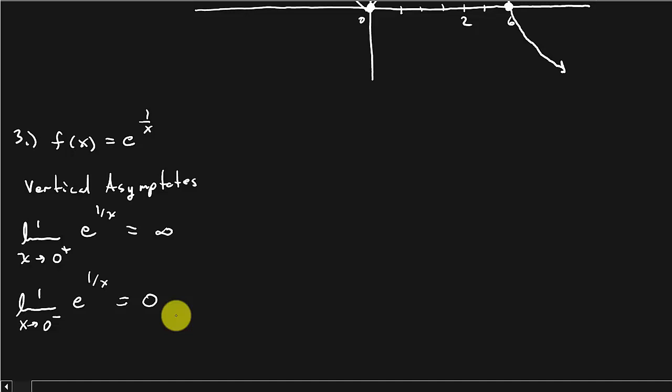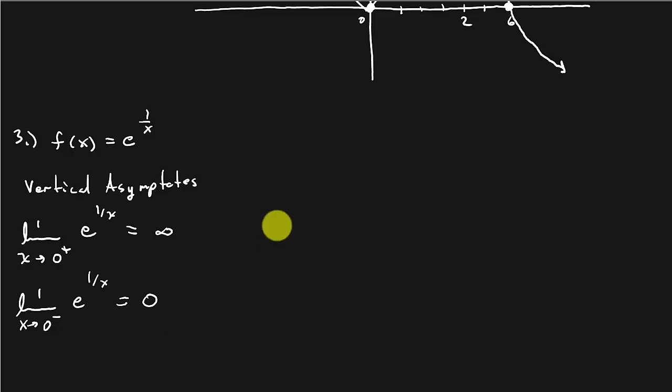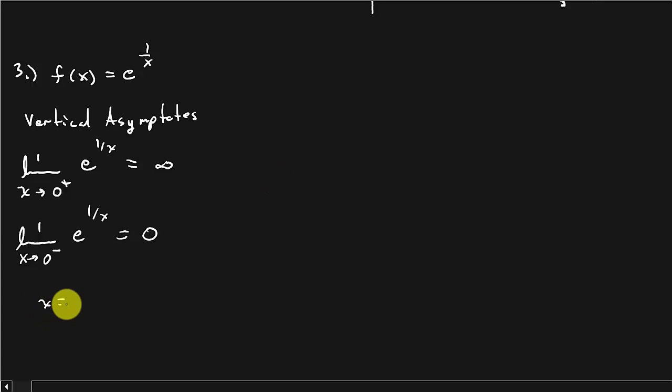So we know we have a vertical asymptote at x equals 0. It's not because of this, it's because of the limit up here that equals infinity. We just want to see what this function does when it comes into 0 from the left. As we approach 0 from the left, the function is approaching 0.